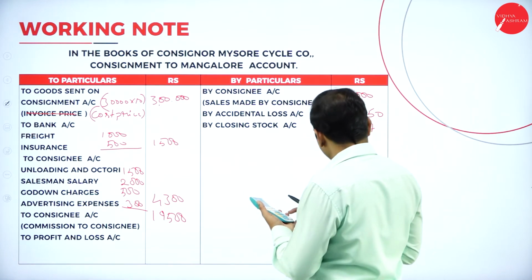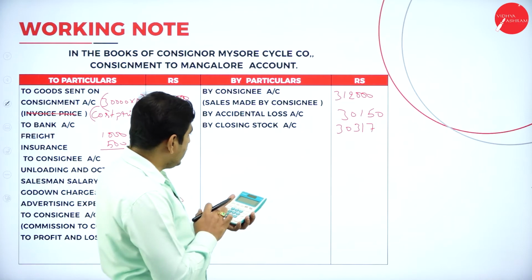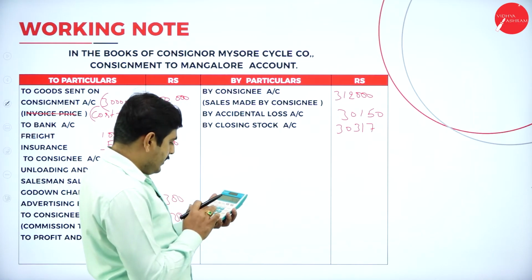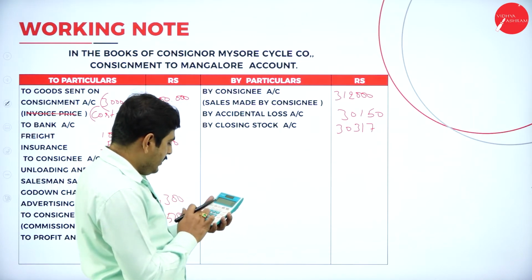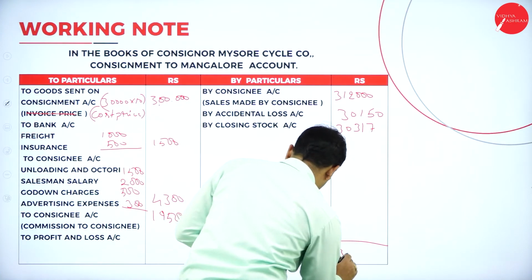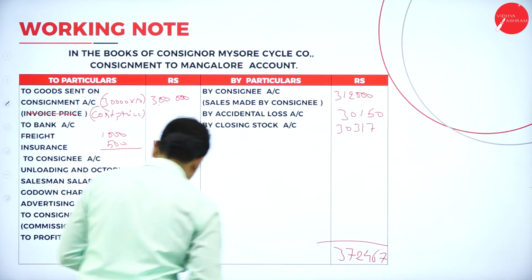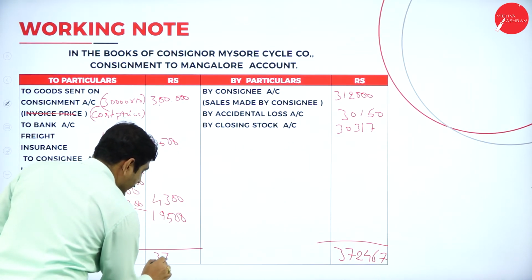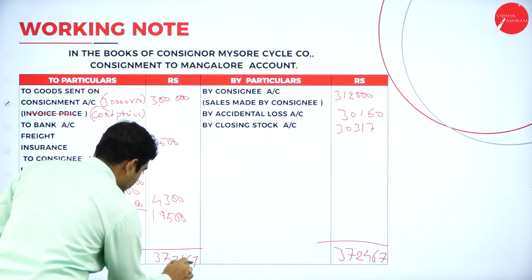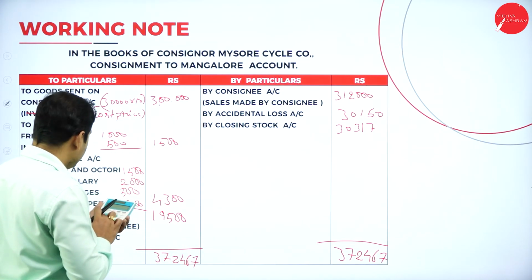So it is 3,12,000 plus 30,150 plus 30,317. So our amount is 3,72,467. Here also 3,72,467. So let's calculate the difference.